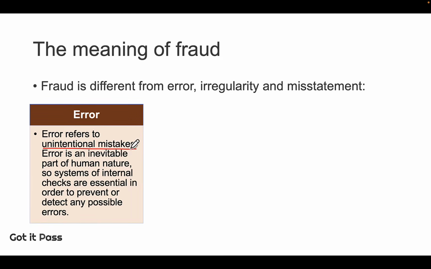And error is an inevitable part of human nature. So everyone here, no matter if a student, teacher, professional accountant, chief executive officer, or even the president, error is unavoidable. It's just our human nature.